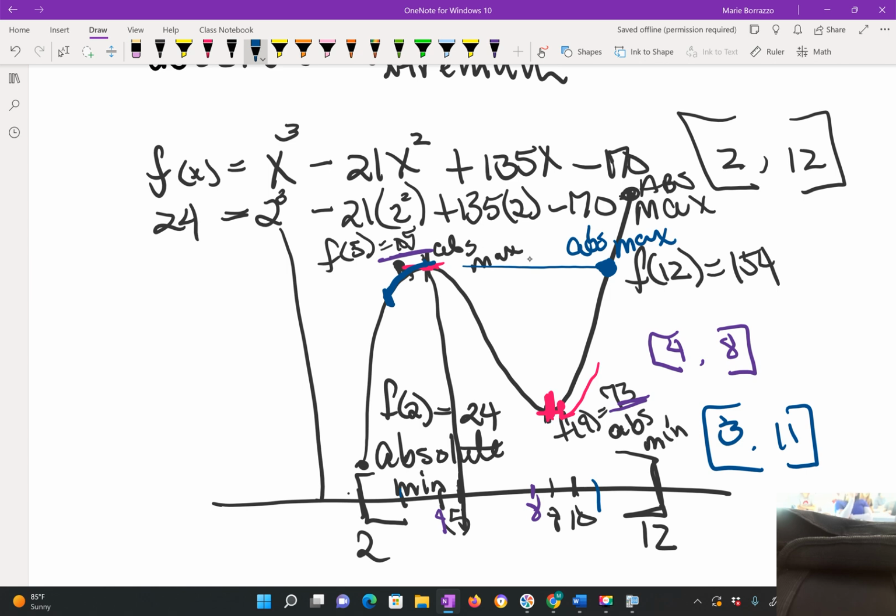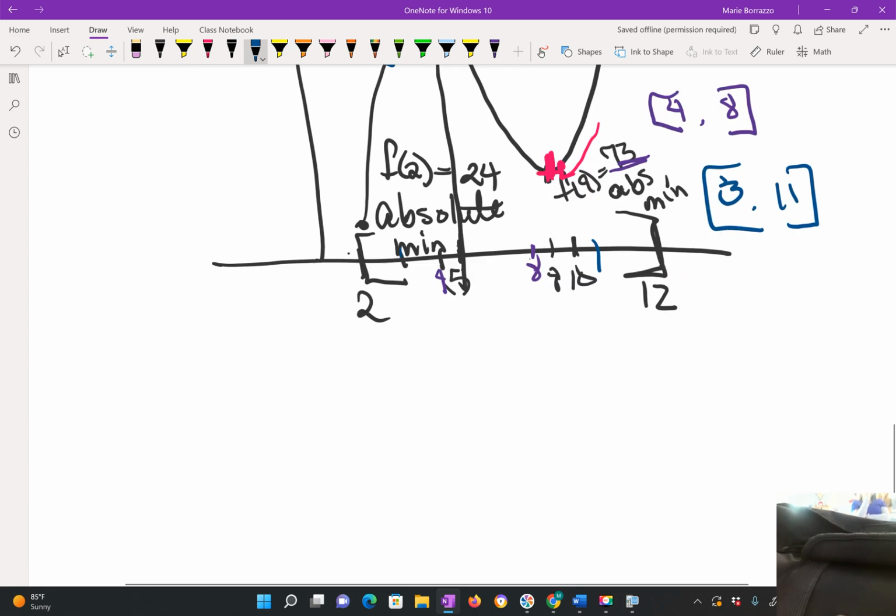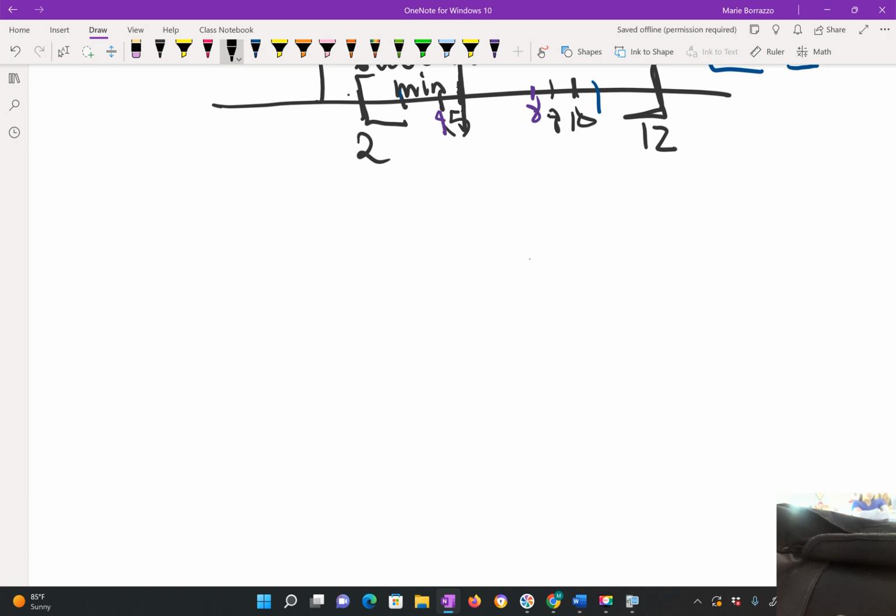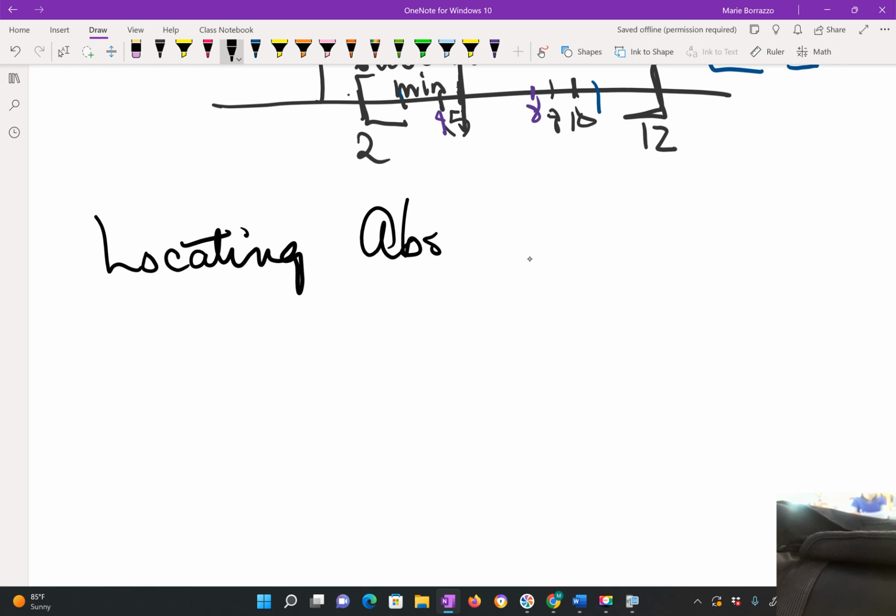Is it clear or not? Pretty easy? All right, so let me talk you through the couple of definitions. So we'll start with this definition. This is locating an absolute extrema. Sorry, the pen is giving me problems. So here's your absolute extrema.